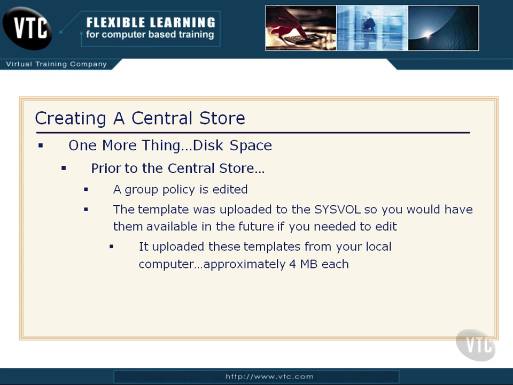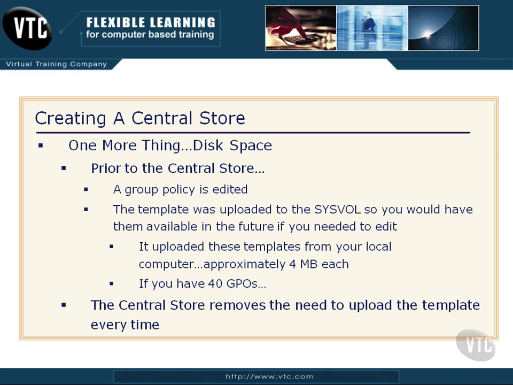It uploaded these templates from your local computer, and they're all about 4 megabytes each. Well, what if you have 40 GPOs? And out there in the real world, 40 GPOs is not uncommon. So you're starting to consume quite a bit of disk space, and then that stuff has to be replicated around.